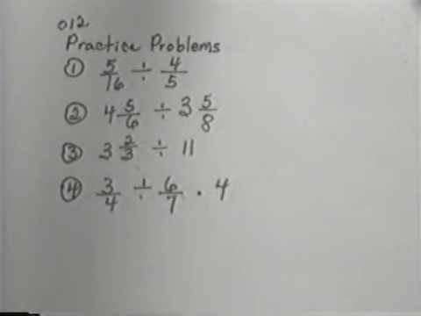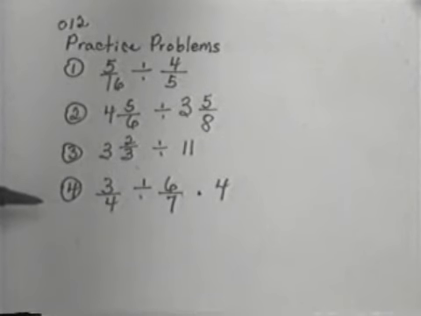Now I have some practice problems for you to do. Number 1, 5/16 divided by 4/5. Number 2, 4 and 5/6 divided by 3 and 5/8. Number 3, 3 and 2/3 divided by 11.